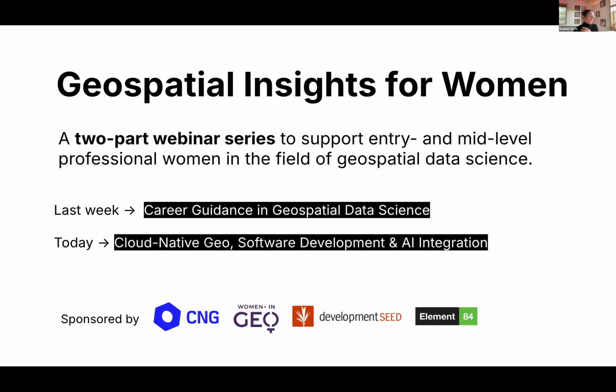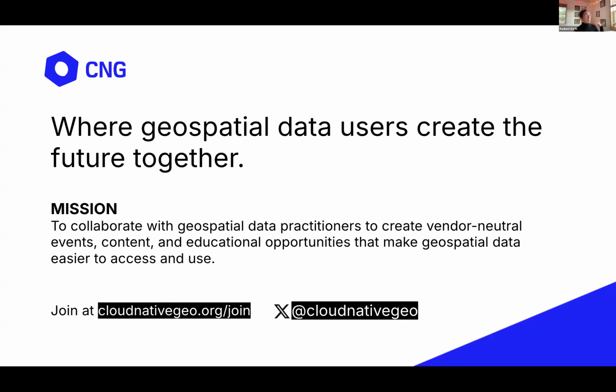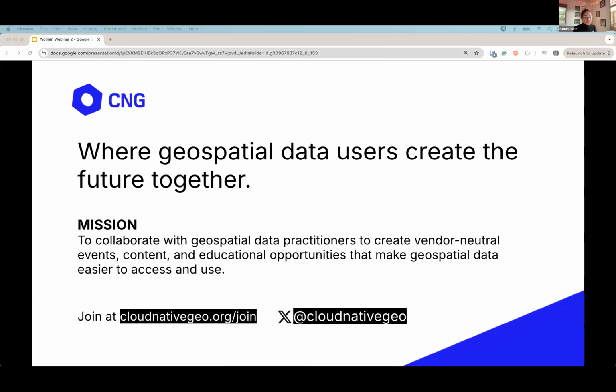I am a developer advocate at Radiant Earth, which is the parent organization to Cloud-Native Geospatial Forum, also known as CNG. CNG is an initiative to collaborate with geospatial data practitioners to create vendor-neutral events, content, and education.